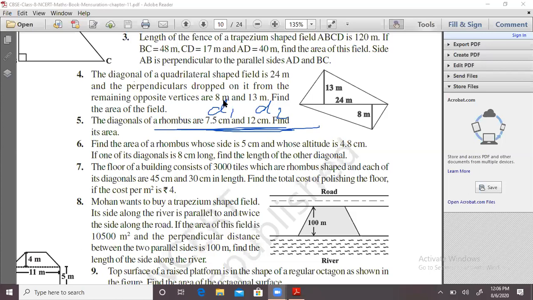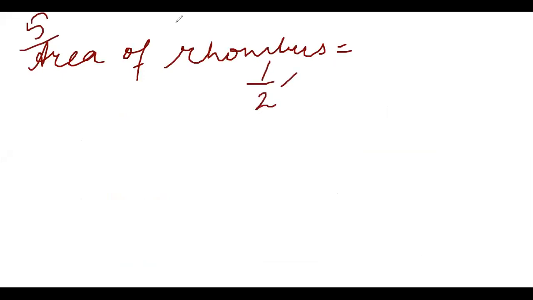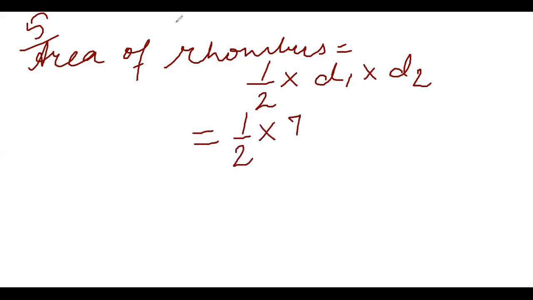So area of rhombus in this question will be half into diagonal 1 into diagonal 2. Okay, is equal to half into one diagonal is given 7.5, other diagonal is given 12.